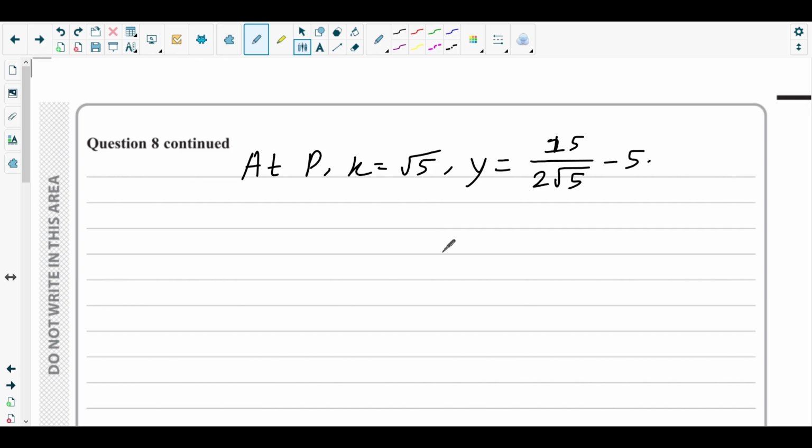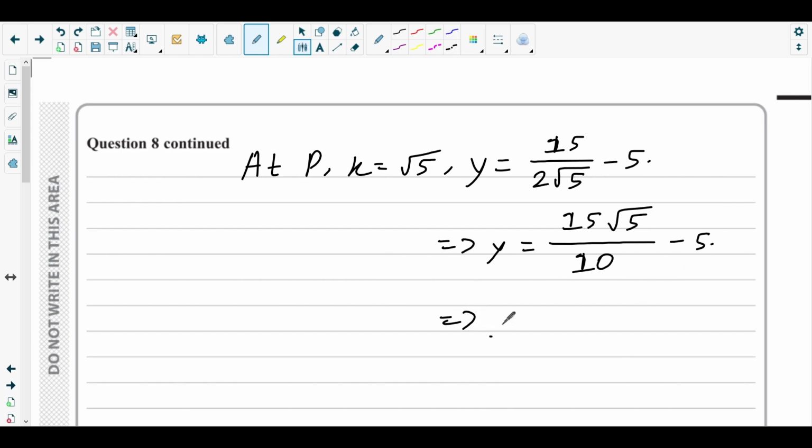Fine. So now rationalize the denominator. If you rationalize the denominator, what will you get? y equals 15 square root of 5, multiplying top and bottom by square root of 5. So 2 times 5 will give you 10 minus 5.